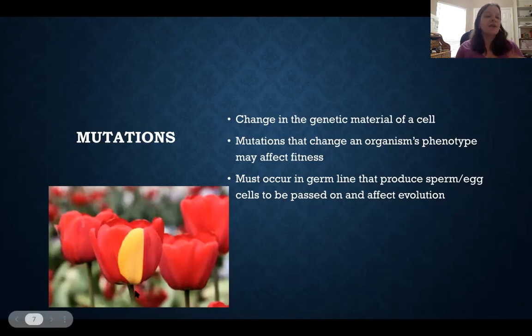So this flower may or may not actually pass on its particular set of genes. If this reduces its ability to attract pollinators, then it's not going to have as many offspring. But in order for that to have any effect, it has to be in the germline, so that any plants produced from this particular flower could also have this trait.